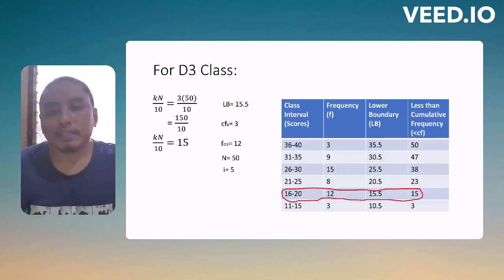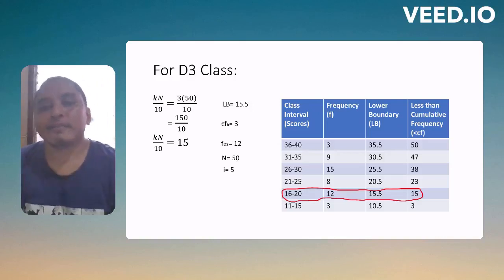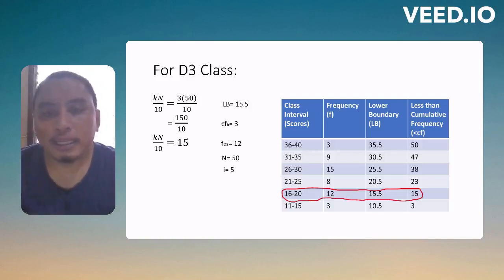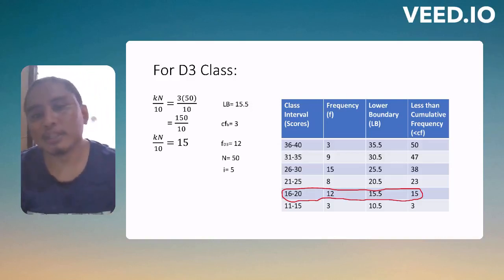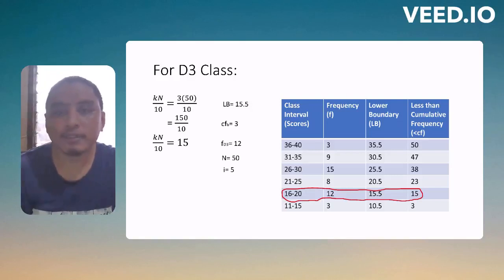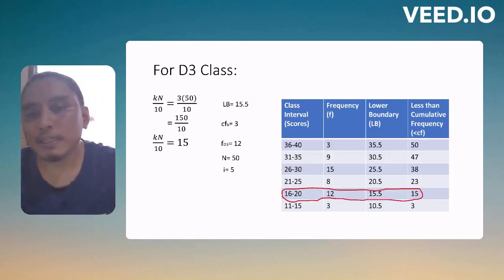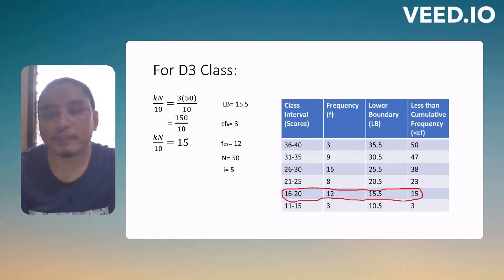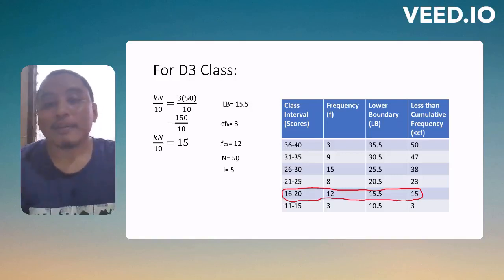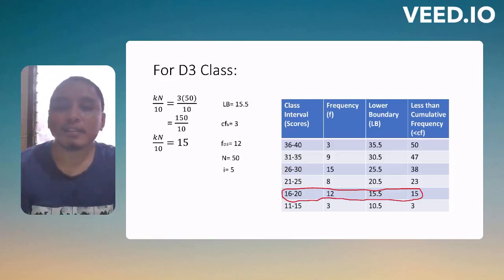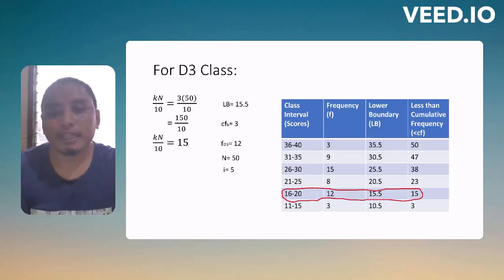So this is for the D3. Kn over 10 is equal to 3, which is the decile value needed. Then multiplied by 50 as the total frequency, divided by 10. Then we got here 150 over 10. And Kn over 10 is equal to 15, which is 150 divided by 10.